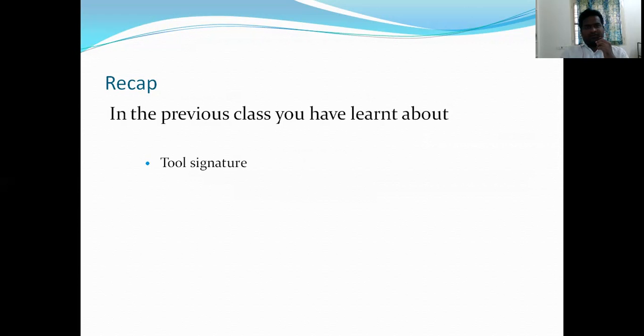And after that, we discussed the tool signature. How do we denote the tool? That was discussed in yesterday's class, right? The tool is designated by 7 components in a particular form.